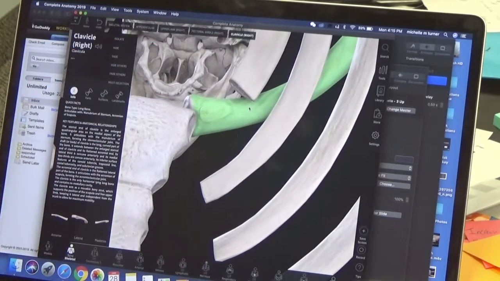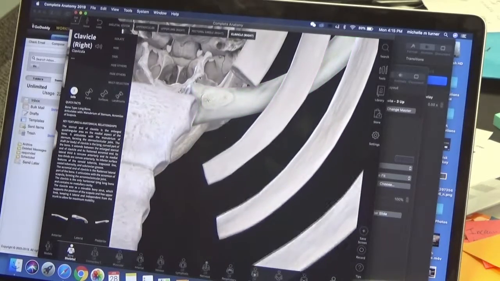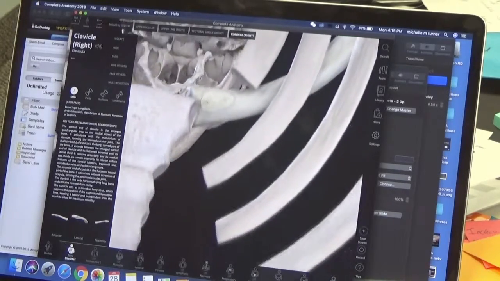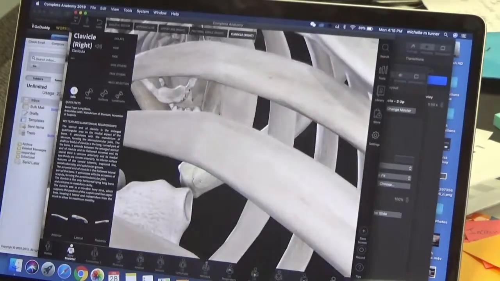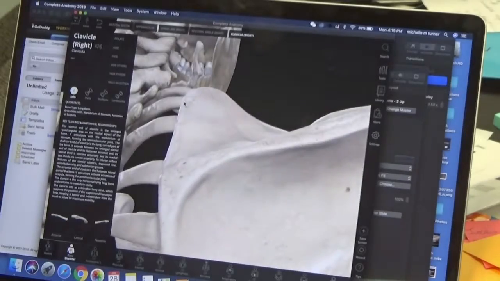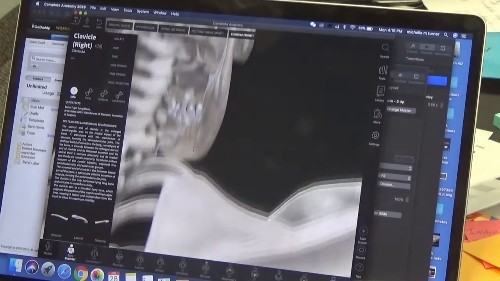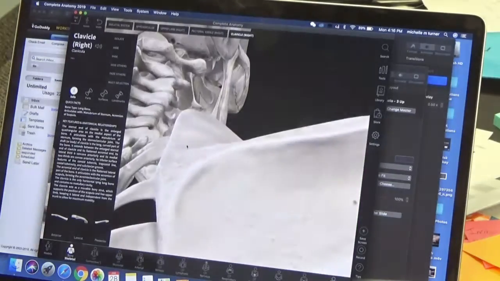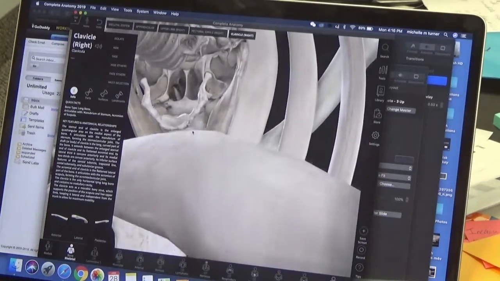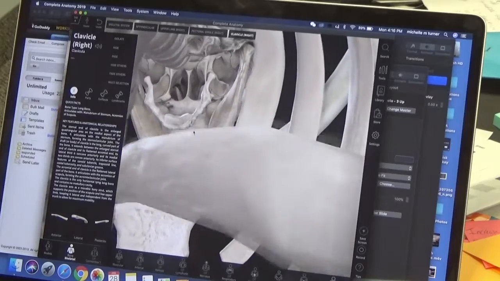Even though I don't know anatomy, this is where I can start picking this stuff up. But you see the sternum relationship in with where that's going. Woohoo. Down and around again. Okay, I'm going to go right up through the rib cage.